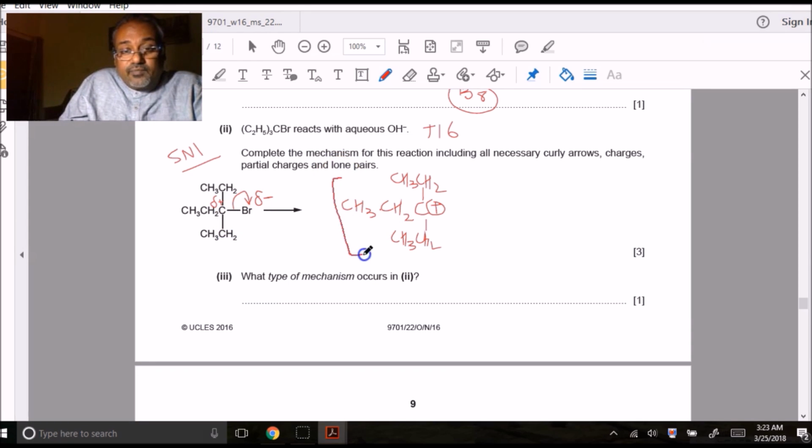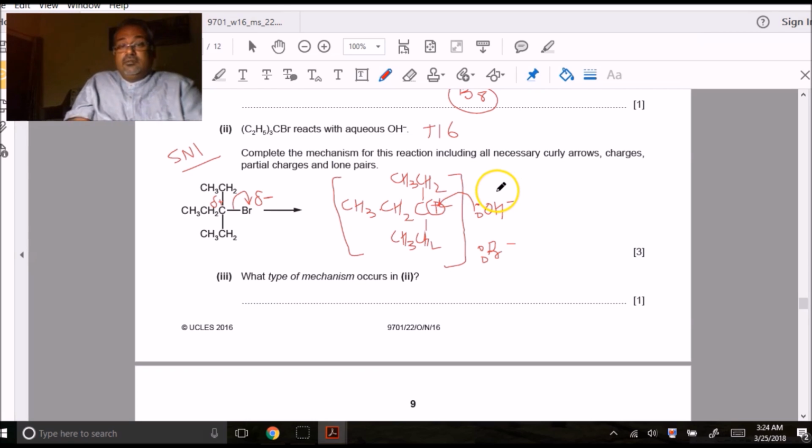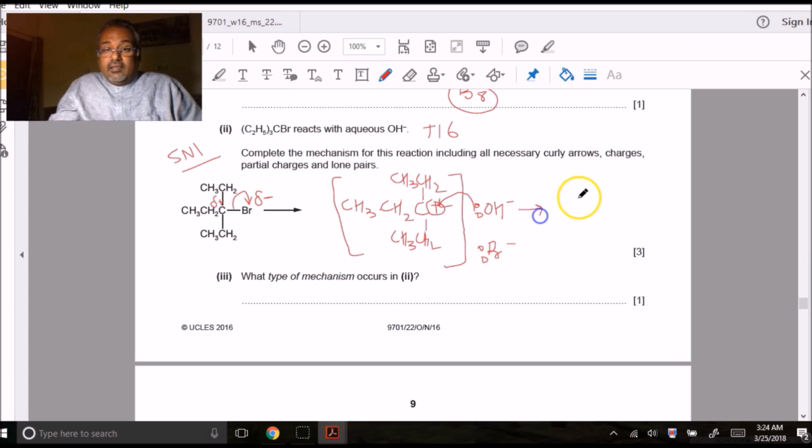That basically is the reaction intermediate, and now the Br is out, and the OH minus is the nucleophile. The curly arrow will go this way, so that's the new dative bond which is being formed. And so when everything is okay, the bond is made.